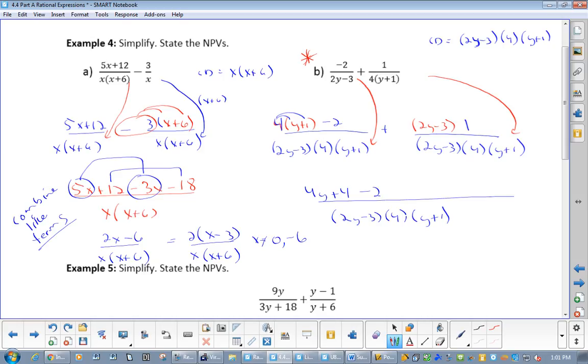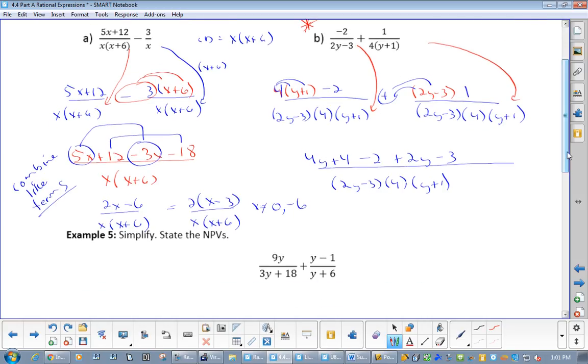And then, now this is a plus here, so that's plus 2y minus 3. Now do you see that these are not that hard a question, not even that long and that big amount of work, because we're almost done. It's getting that common denominator. Now I've got a 4y and a 2y up here.